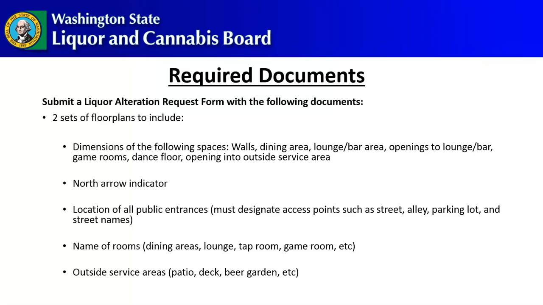The more information you give us, the smoother the process will be for all parties involved. Finally, if you have any outside service areas, you will need to make sure and include those on your floor plan as well. Now, when we say outside service areas, we are referring to patios, decks, beer gardens, etc.